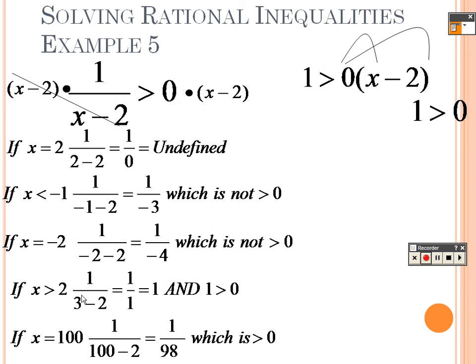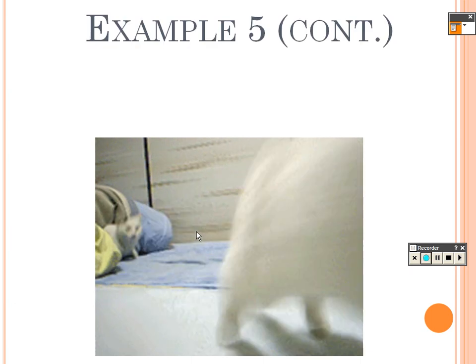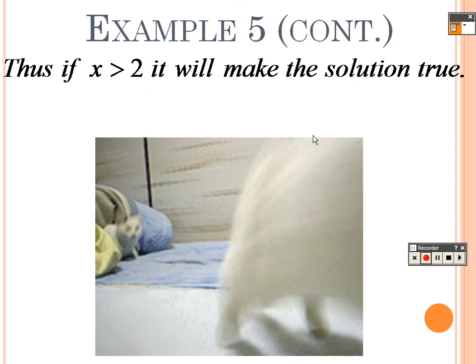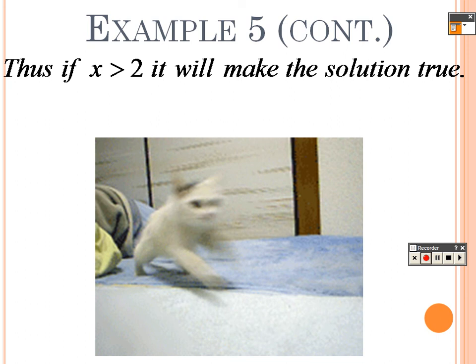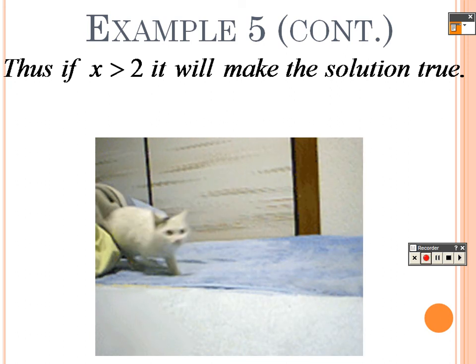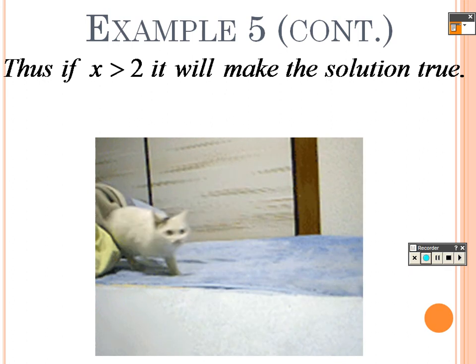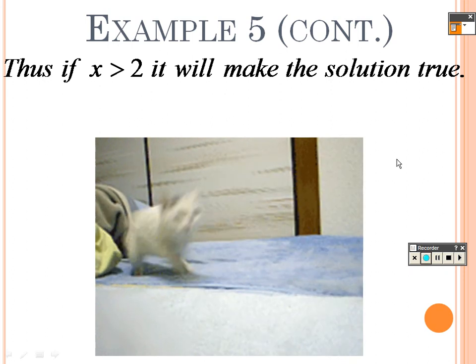So it has to be a number that's greater than 2 in order to get the answer. So if x is greater than 2, then it will make sense and the statement will be true. So in that problem, we tried to solve it and we realized, wait, that doesn't work. Nothing works to solve it. So the only way to solve that problem was by plugging in numbers and kind of guessing and checking in a way to figure out what your answer was.